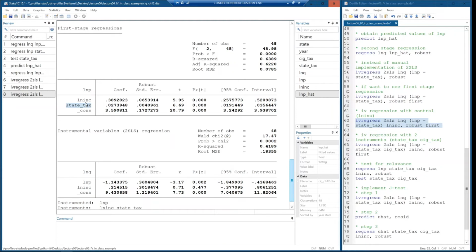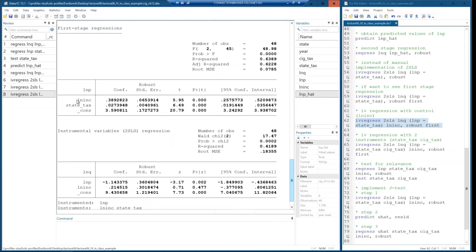And another interesting part here is that this control variable is included because we are using logic.